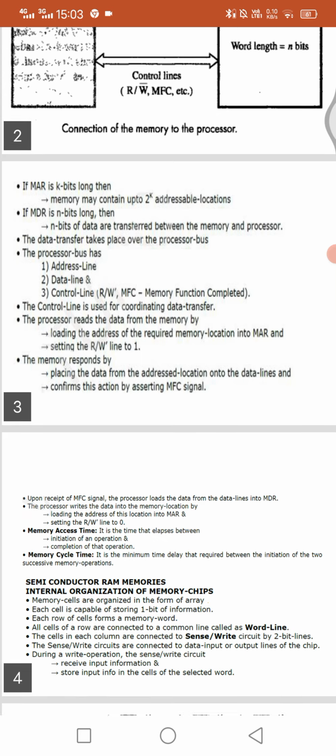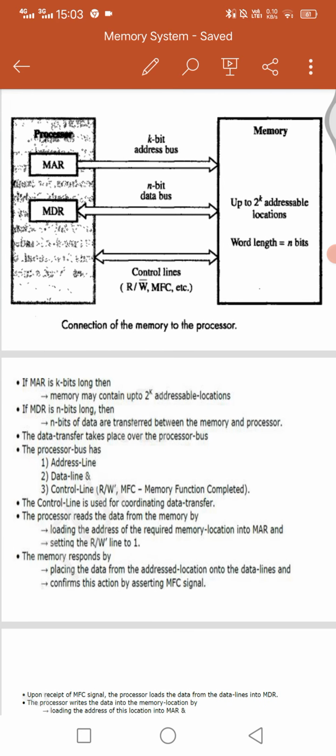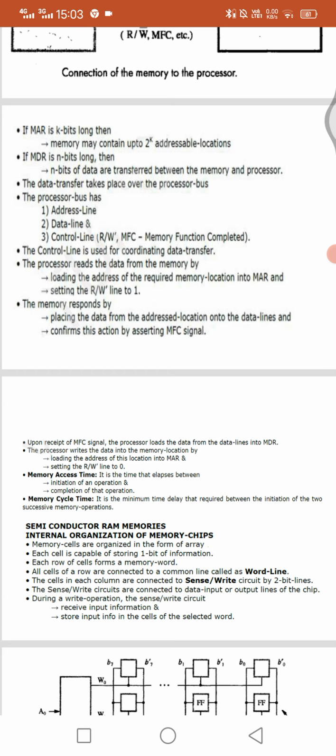The data transfer takes place over the processor bus, which contains the address bus, data bus, and control lines. The control line is used for coordinating data transfer.